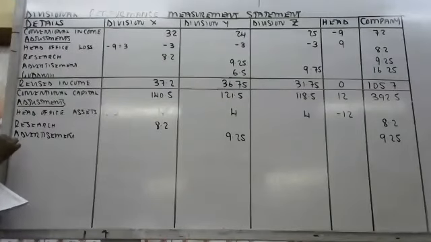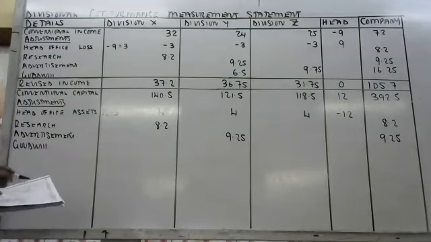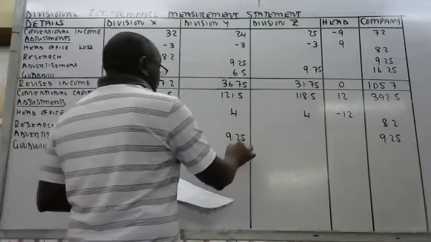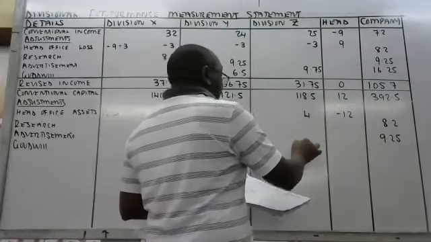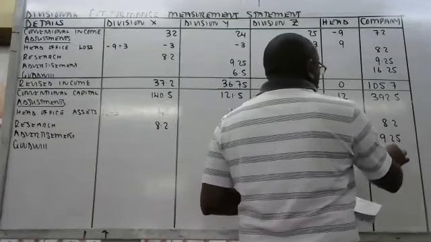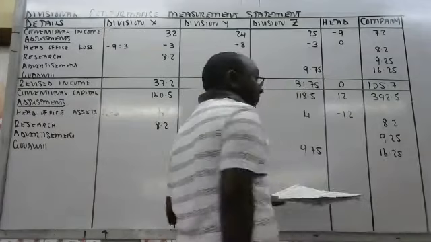Then we bring goodwill. Goodwill is 6.5 here and 9.75, so that we have a total of 16.25.